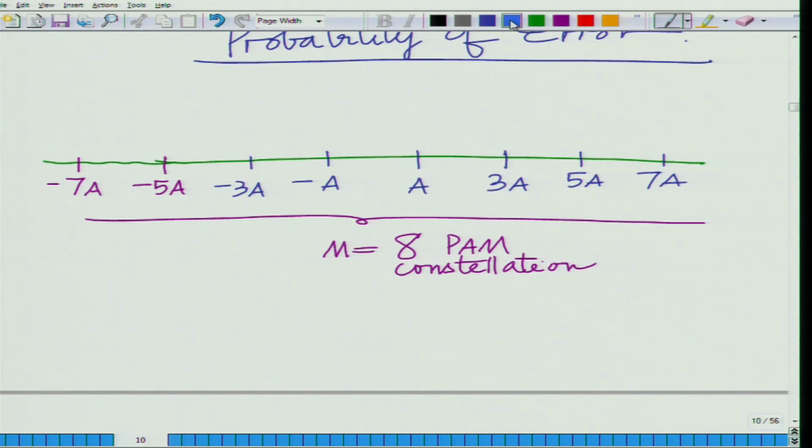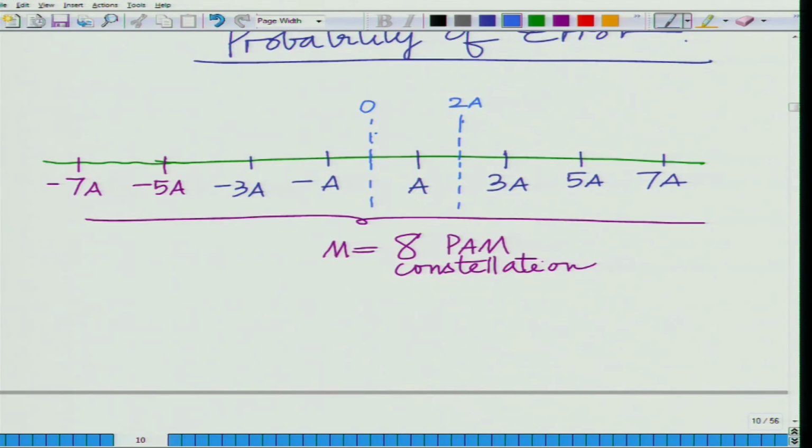Now, once again the detection is very simple. If you look at this interior point A, by symmetry, you can look at the midpoint between A and 3A, and the midpoint between minus A and A. So, this midpoint is 0, and this midpoint is 2A.